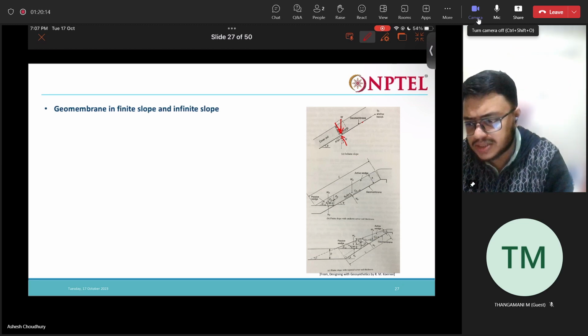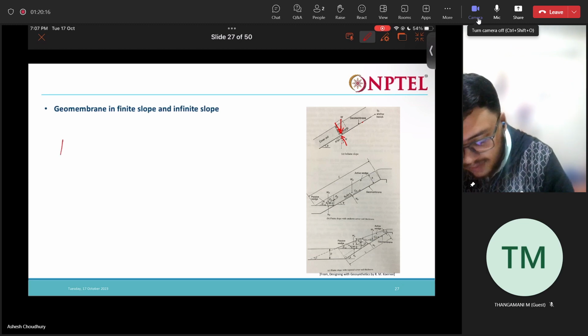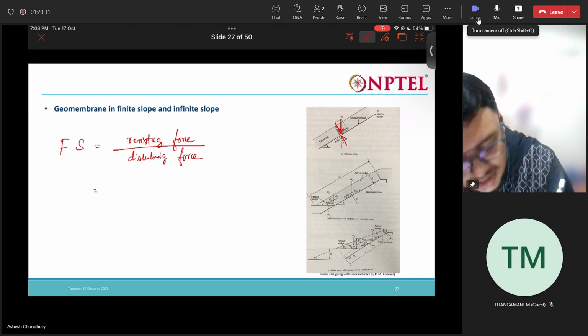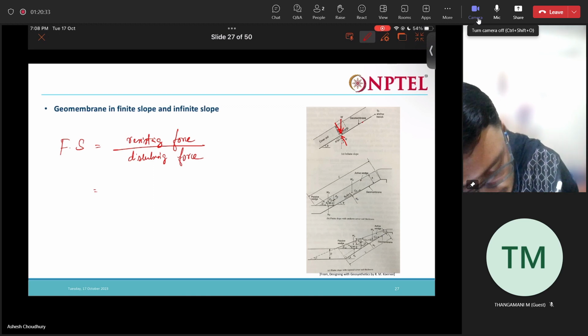It is nothing but the friction angle. If I want to write the factor of safety, it is nothing but resisting force divided by disturbing force. Now what is the resisting force here? The resisting force is nothing but the frictional resistance.